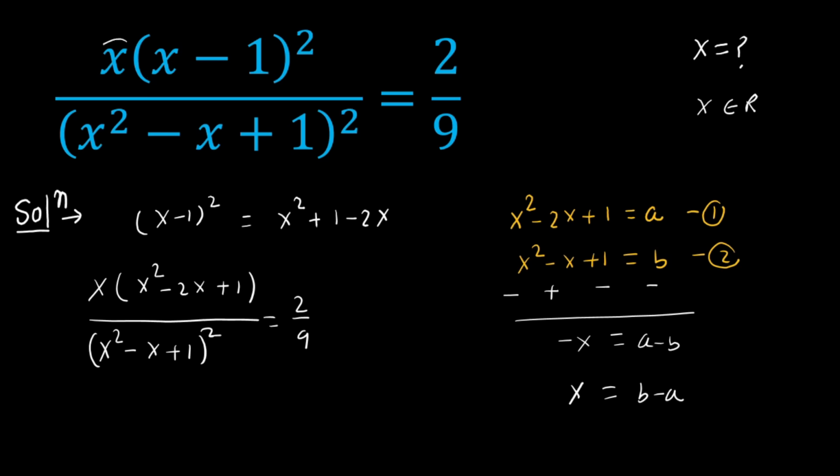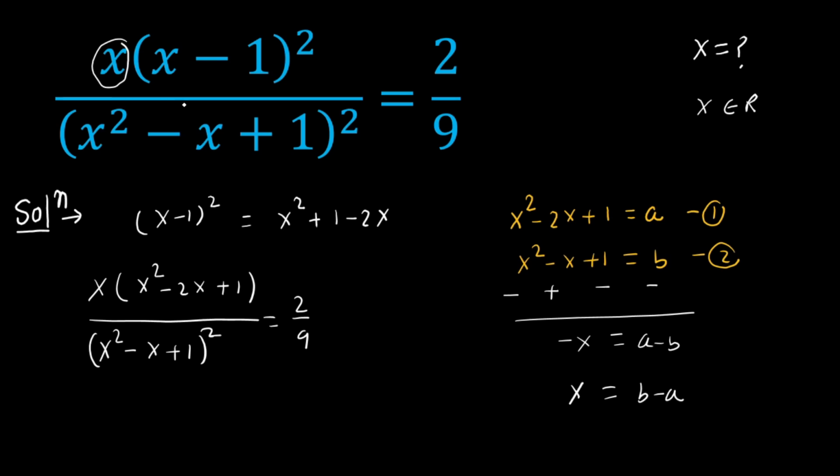Now this x is replaced by b minus a, so b minus a is multiplied by (x minus 1) whole square. (x minus 1) whole square is x square plus 1 minus 2 times x, and we know that x square minus 2 times x plus 1 is a.